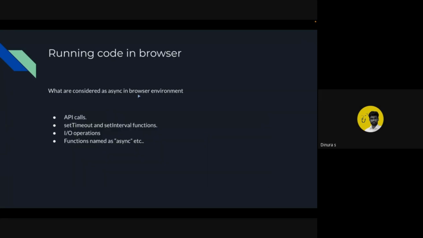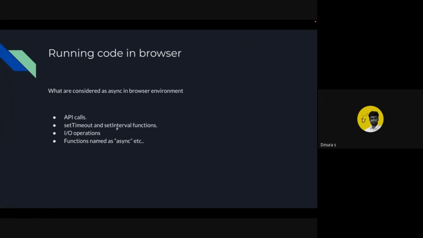So in here, when we are running code in the browser, there are a few things the browser considers asynchronous: API calls, setTimeout, setInterval methods, input/output operations like clicking or typing something with the keyboard, and you can create your own async tasks.